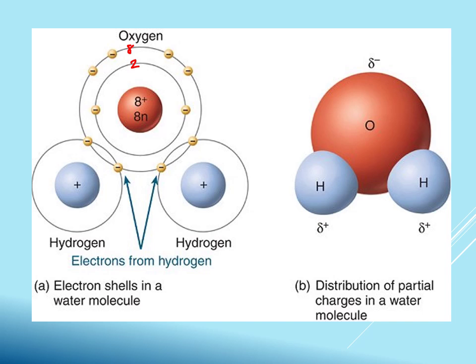And for the hydrogens that we both have here, they only need to hold 2 on that innermost shell. So we can see here that they are sharing electrons, right? The hydrogen already comes with 1 proton and 1 electron, and it wants to borrow an electron sometimes from the oxygen.